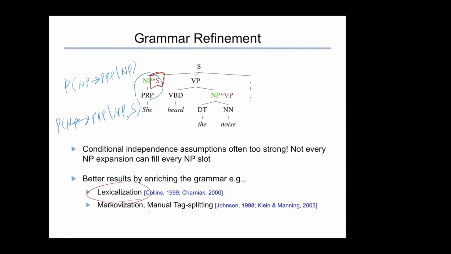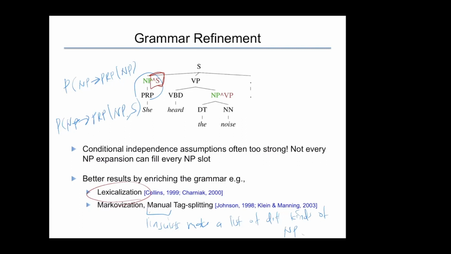And what I mean by that is that linguists make a list of different kinds of NPs so that you can consider each NP differently.